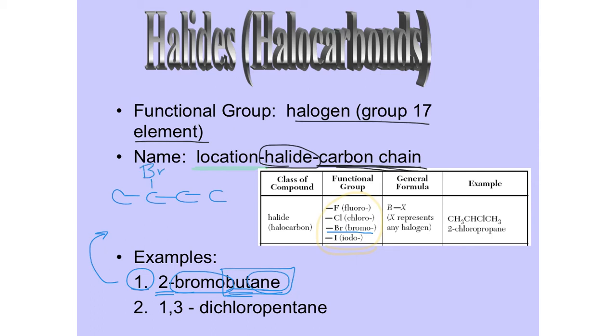So off of the second carbon, we have a bromine, and that's all that we have happening. So now we just go back and we add in the appropriate number of H's so that all of the carbon atoms get 4 bonds. Bromine does not get any H's because bromine has 7 valence electrons, so it makes just 1 bond. So bromine is all set there. Okay, next one.